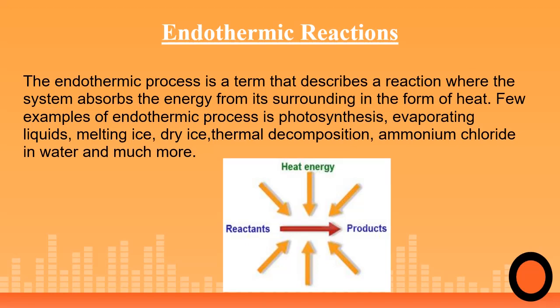A few examples of endothermic processes are photosynthesis, evaporating liquid, melting of ice, dry ice, thermal decomposition, ammonium chloride in water, and much more. You can just think of how ice melts. Simply when you take ice out of the freezer, it absorbs heat from the surroundings and starts melting.